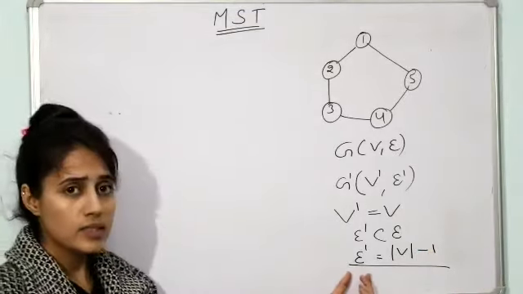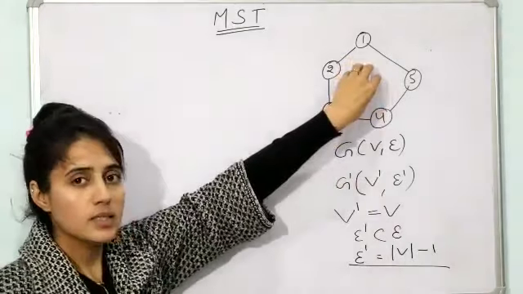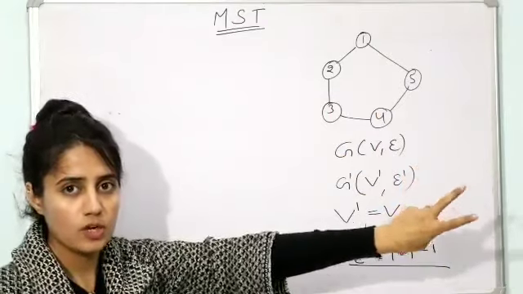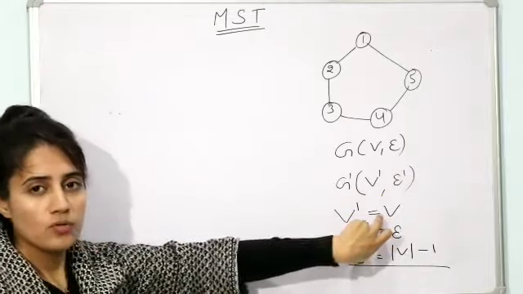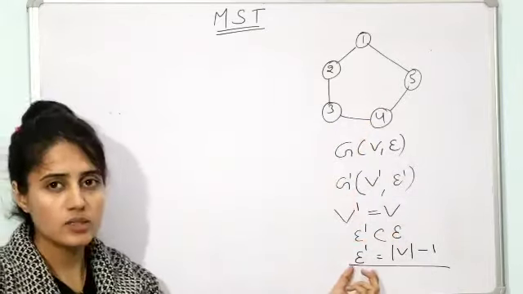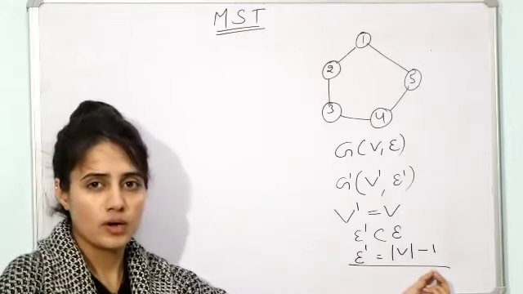The number of edges in a spanning tree would always be the number of vertices in the graph minus 1. These are two conditions. Fine. Spanning tree would contain the same number of vertices as the graph, plus the second condition is that the number of edges in the spanning tree would be the number of vertices in the graph minus 1.